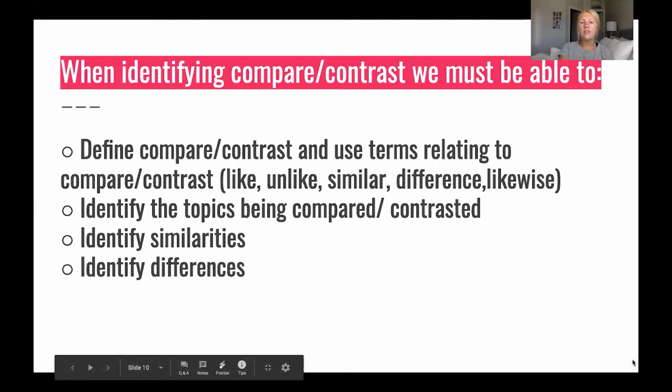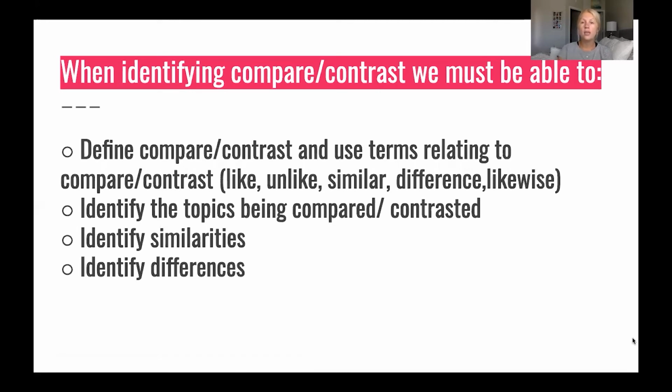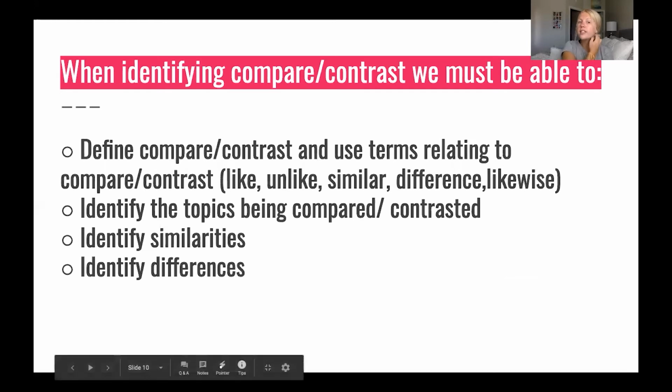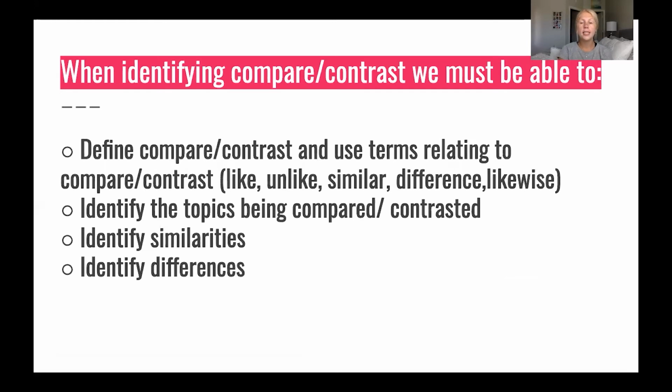So when identifying compare and contrast, we must be able to define compare and contrast and use similar terms relating to compare and contrast. These terms are like, unlike, similar, difference, and likewise. We also must be able to identify the topics being compared and contrasted.